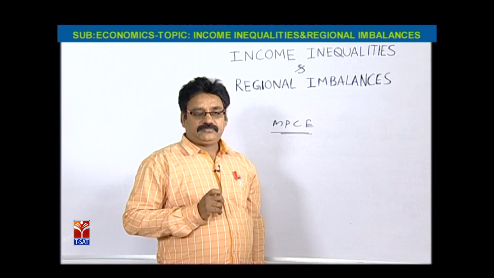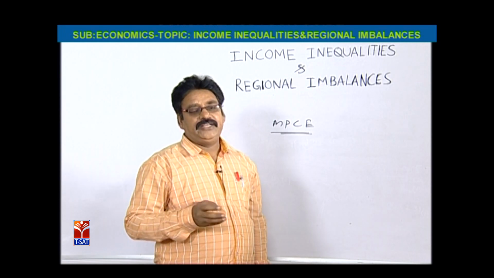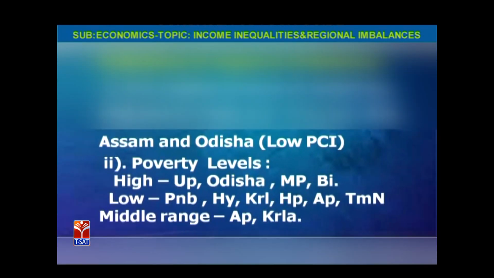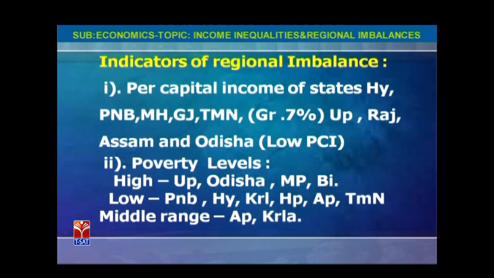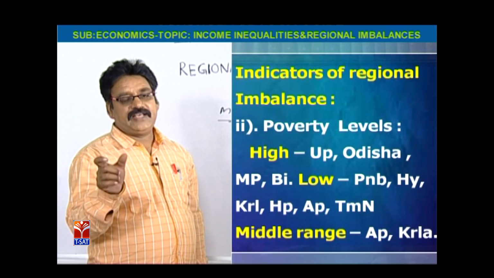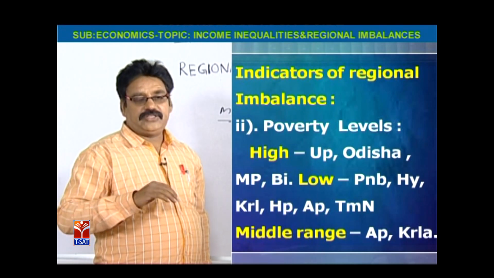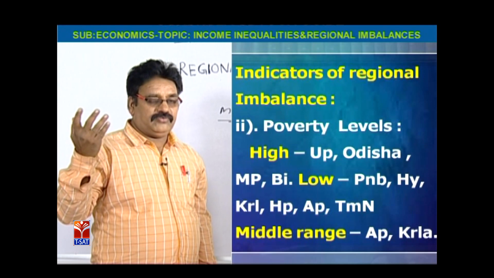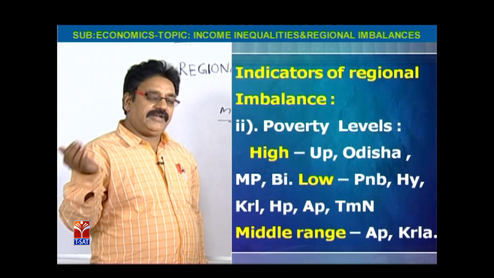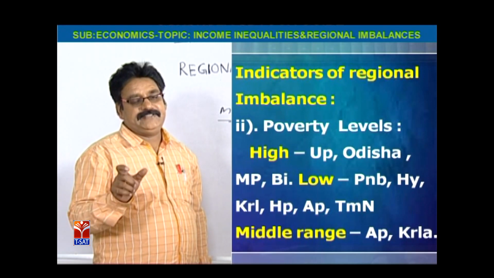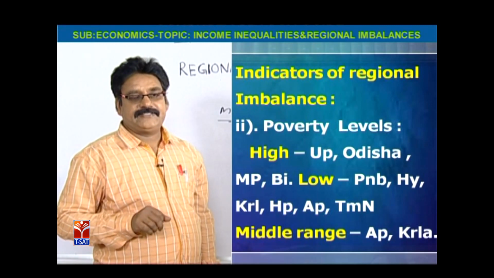High poverty levels we observe in UP, Odisha, Madhya Pradesh and Bihar, and low poverty levels in Punjab, Haryana, Kerala, Himachal Pradesh, Andhra Pradesh and Tamil Nadu. Andhra Pradesh and Kerala are middle range: we won't find high poverty levels or low poverty levels there.